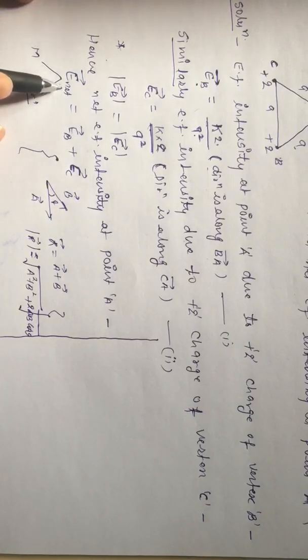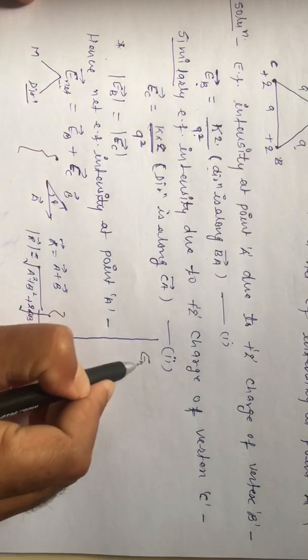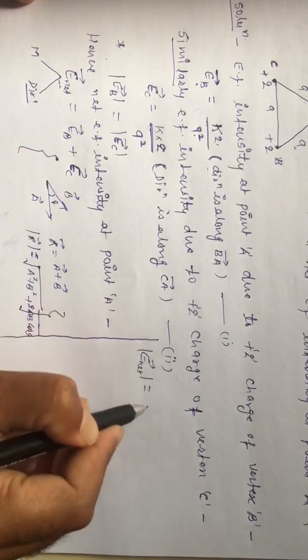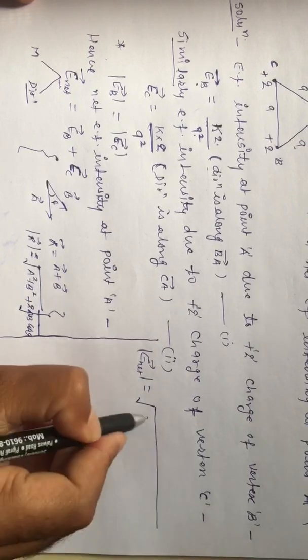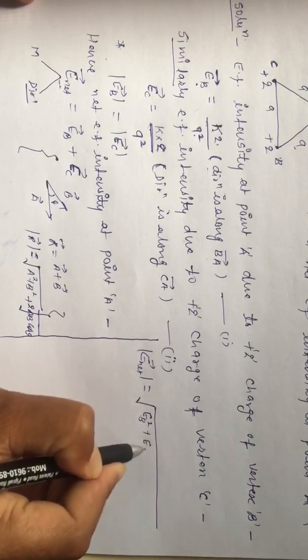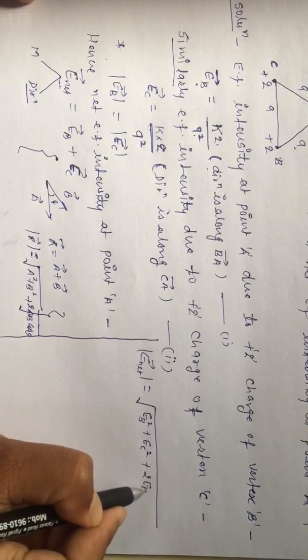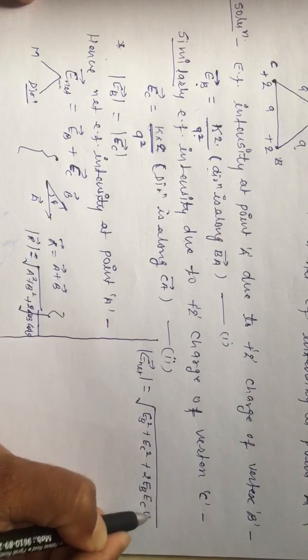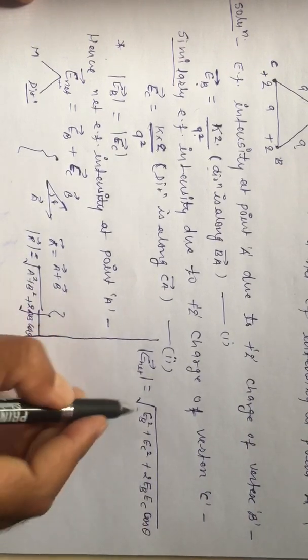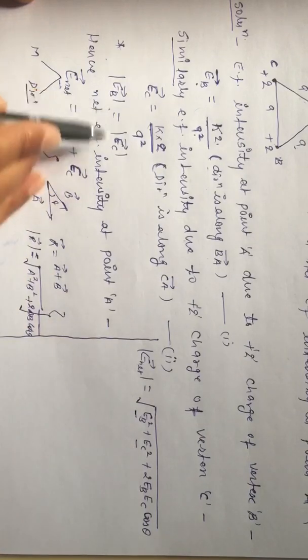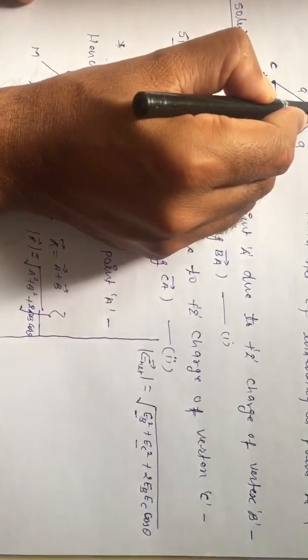Similarly, in this situation, the magnitude of the E net vector will be under root EB square plus EC square plus 2 EB EC cos theta. And you know the magnitude of EB equals EC and theta is 60 degree.